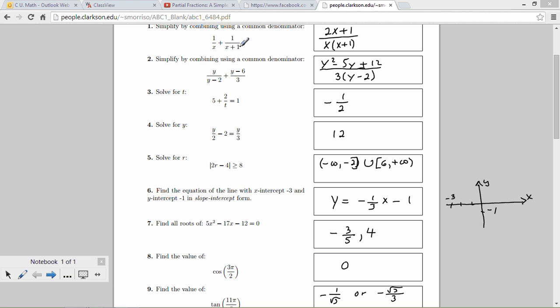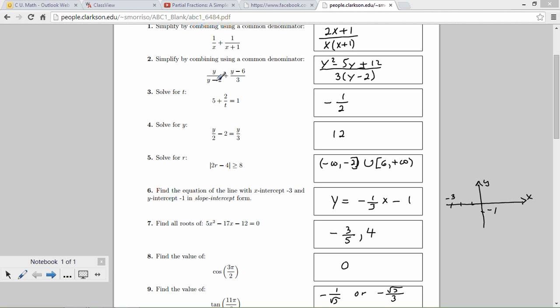So instead of adding and combining the 2 fractions, you're actually tearing the fraction apart and writing it as 2 separate entities, which is useful in integration of certain rational expressions, as I said, in either calculus 2 or in differential equations.